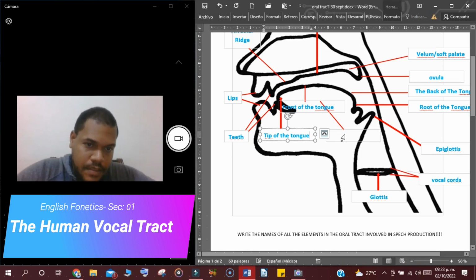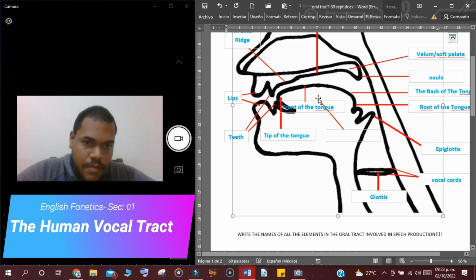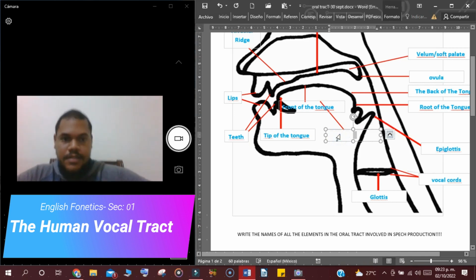Let's continue with this part here that is invisible. That is the blade of the tongue. It's like a machete that is directed to the hard palate and your cheeks.